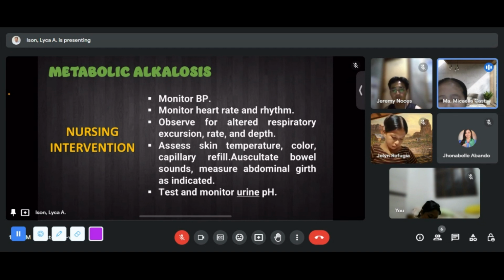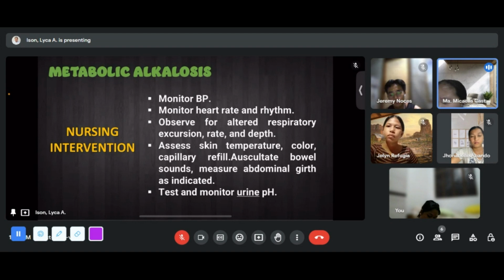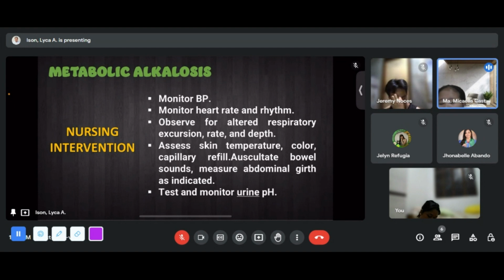Tapos yung assess skin temperature, color, capillary refill, and auscultate bowel sounds, measure abdominal girth as indicated. So, in the presence of coexisting hyperkalemia, GI distress, gaya ng distension, diarrhea, and colic may occur. So, test and monitor the urine pH. So, kidneys attempt to compensate for acidosis by excreting excess hydrogen in the form of weak acids and ammonia.